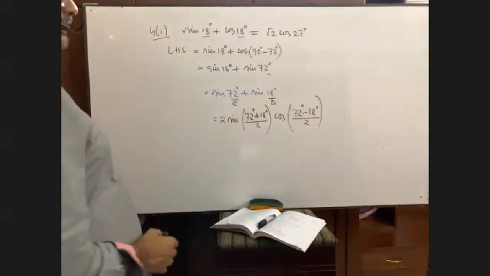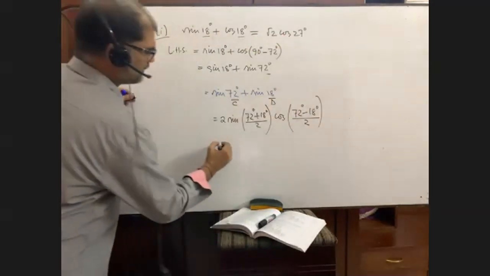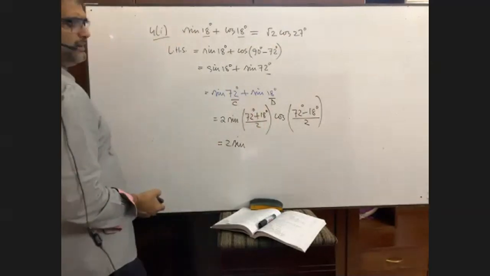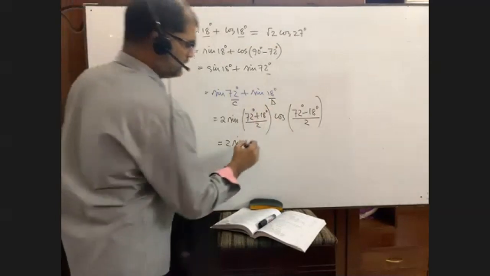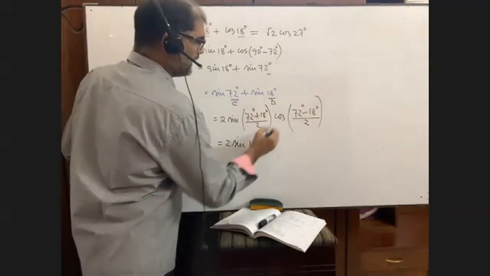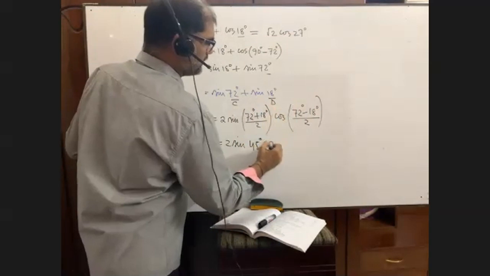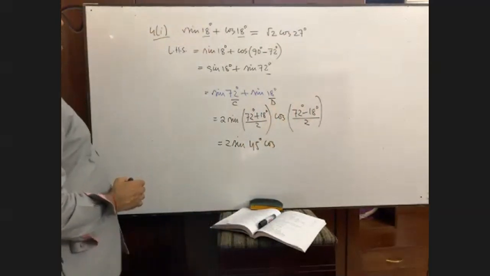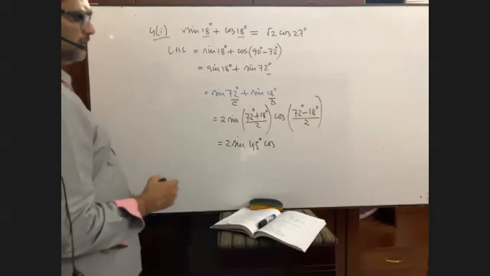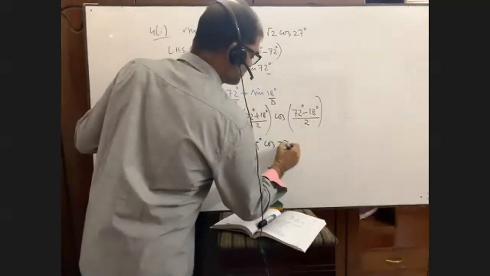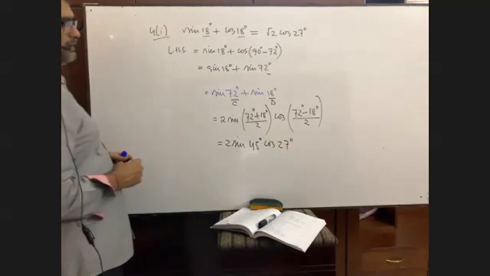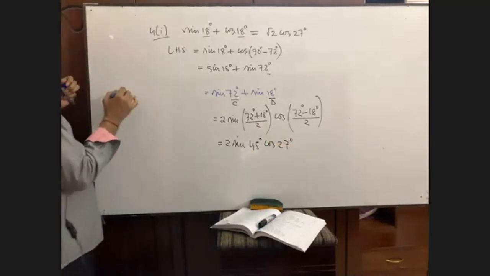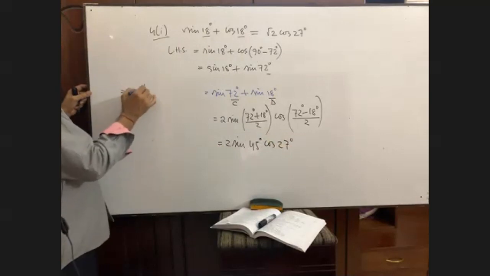Now you calculate it. What is the result? Let me know. 2 sine 45 degree into cos 27 degree. Yes, sir. Now, what is the value of sine 45 degree? 1 by root 2.